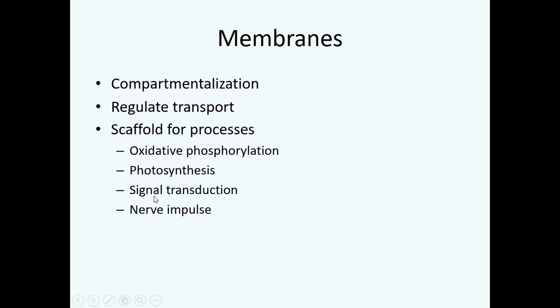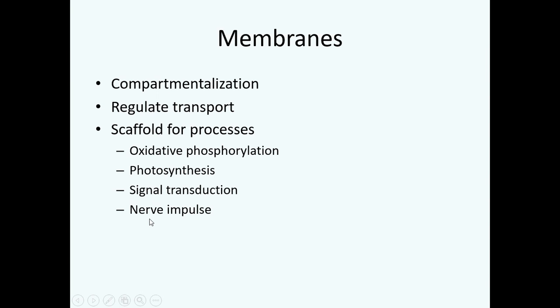So they generally bind to the receptors on the surface of the cell, and then the proteins and other molecules associated with the membrane are important for transferring that signal to the interior of the cell. In this way, the membrane and the membrane-embedded molecules are important for the process of transferring that signal to the interior of the cell.